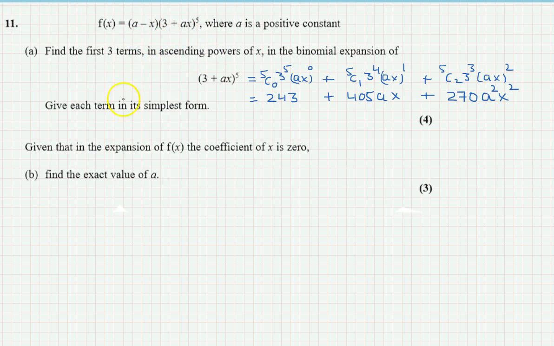Now part 2 is the expansion of f(x), where the coefficient of x is 0. So we have to concentrate on the coefficient of x, not x square, not x cubed.